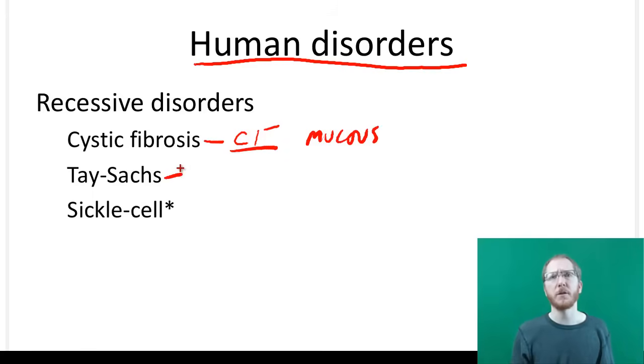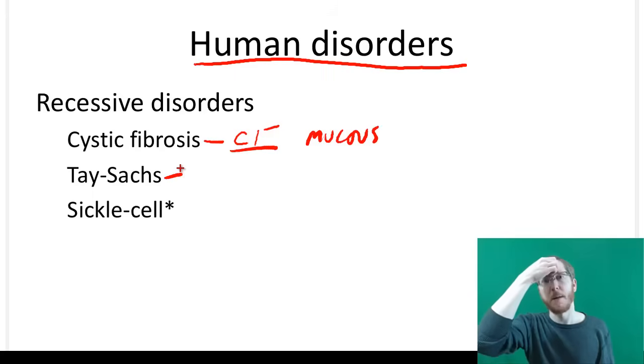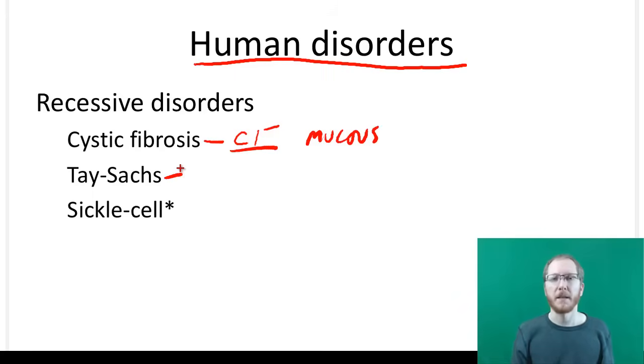Tay-Sachs is a lipid metabolic disorder where you don't break down a specific lipid in the brain and it builds up and becomes toxic. This is specific to, and I'm probably going to butcher the name, Ashkenazi Jews, a specific group of the Jewish population. Individuals who are homozygous for this will prematurely age.